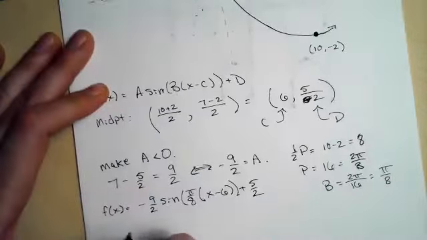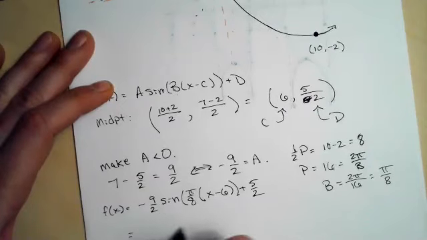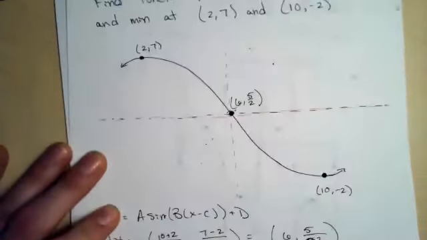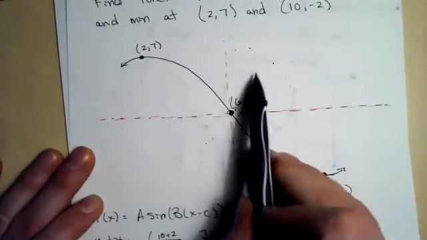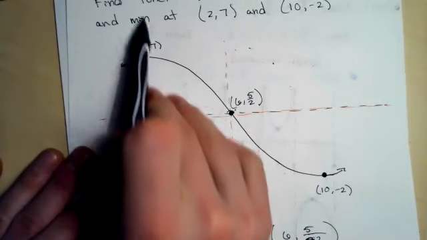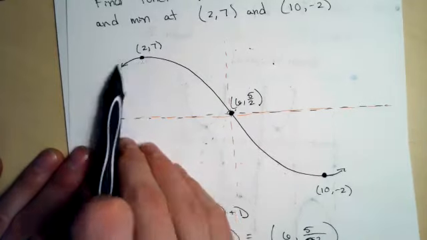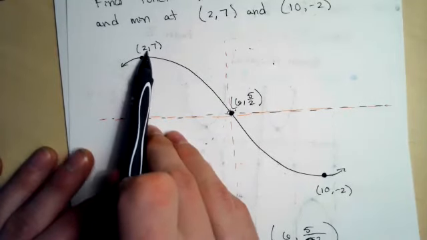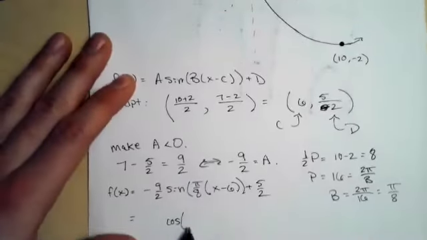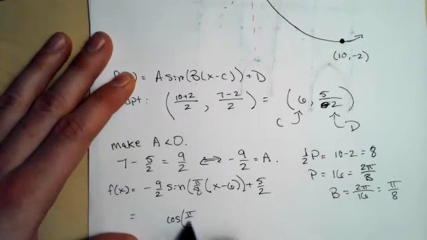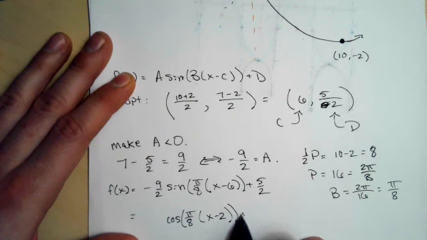If we wanted to do this with a cosine, so the thing about cosine is, well, where are we starting now? Cosine starts at a peak, so I could have adjusted the ghost axis to go right through at that peak, which means it would have been a 2 as a horizontal shift. The period is still the same, which means the b term is going to be the same. The midline is still the same.